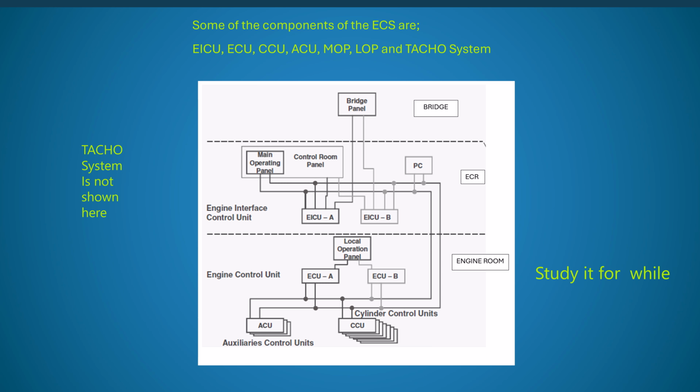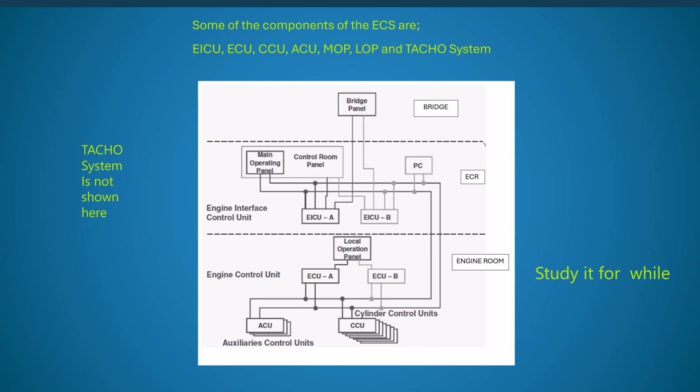Then we have a local control panel. All right. Local operation panel, we do not call it a local control panel, we call it a local operation panel. It can be considered as the local stand which we have in a conventional engine.